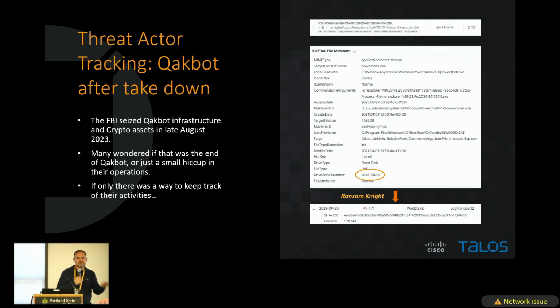So they could run this campaign without any impact from the FBI takedown. But yeah, of course, they had a financial impact with the FBI takedown. The FBI seized their crypto resources, the crypto coins. They took down the server infrastructure, which is pretty complex for QuackBot.